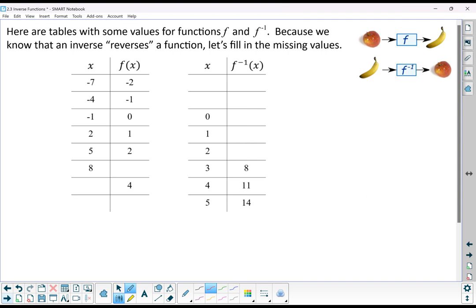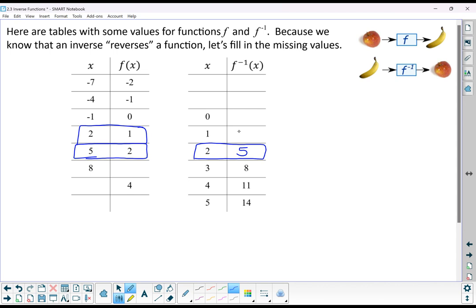So here's a table with some values for functions f and f inverse. Because we know that an inverse reverses a function, we can fill in some missing values here. We know, for example, that function f takes a 5 as an input and outputs a 2, which means f inverse will take a 2 and output a 5. They reverse each other. Going up, for function f, the input 2 goes with an output 1.